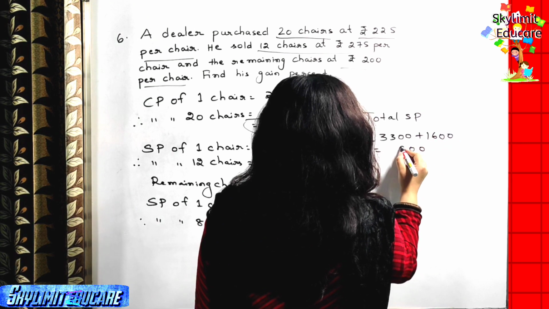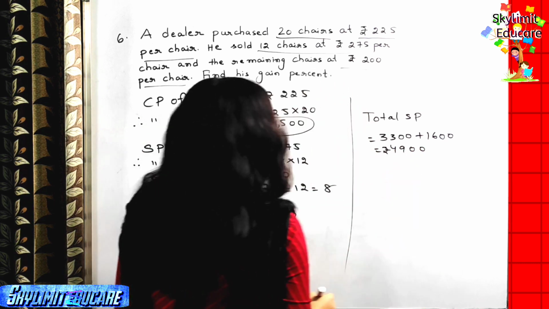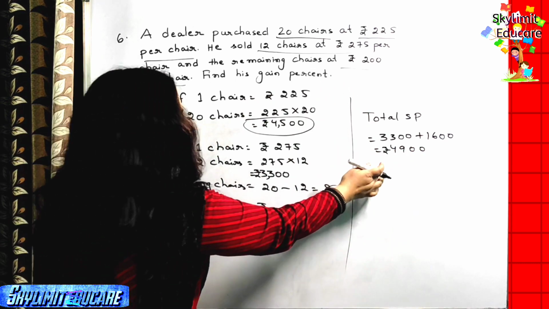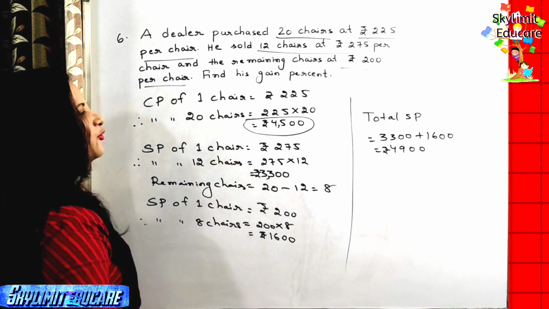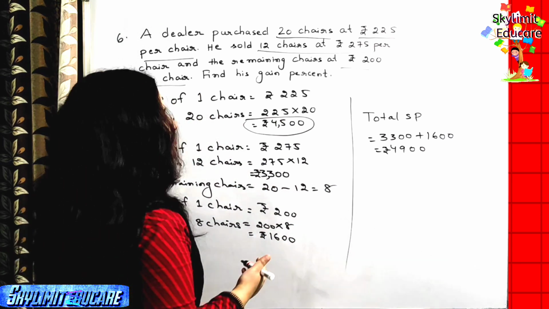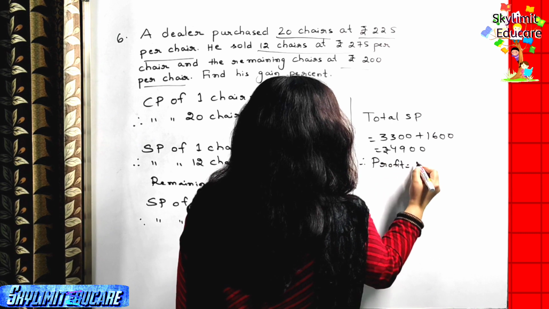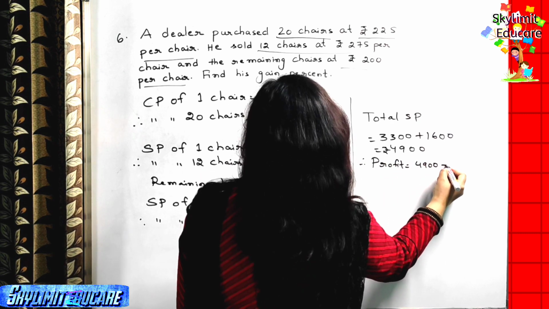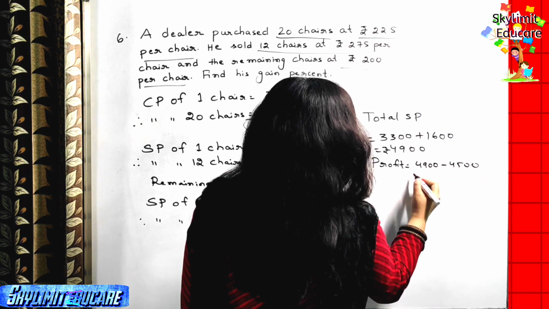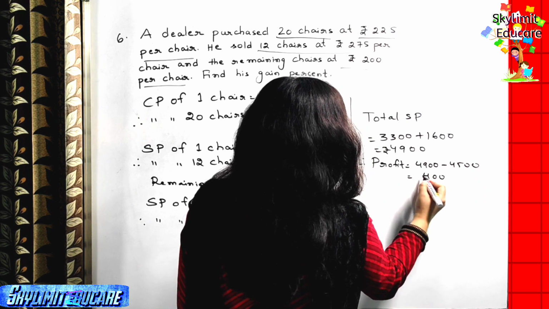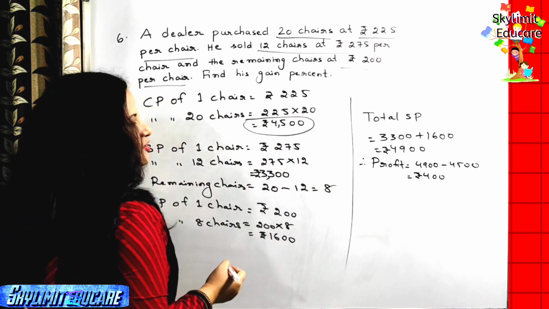So the total SP is 4,900. We can see straight away that he has received a profit of 400 rupees, right? Therefore profit is 4,900 minus 4,500, which is equal to rupees 400.